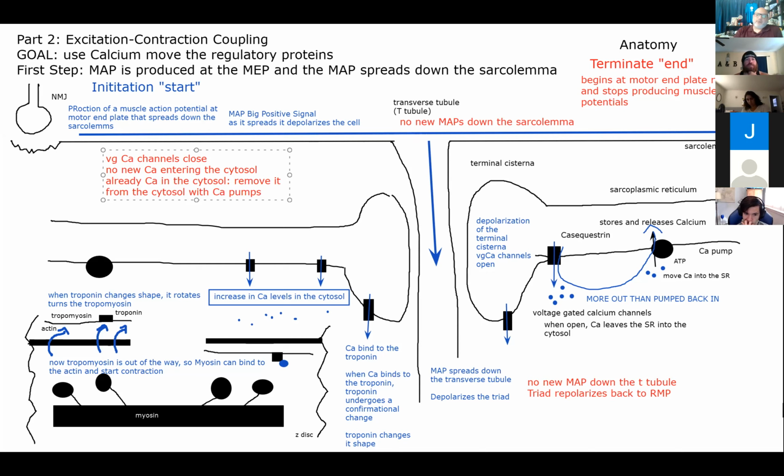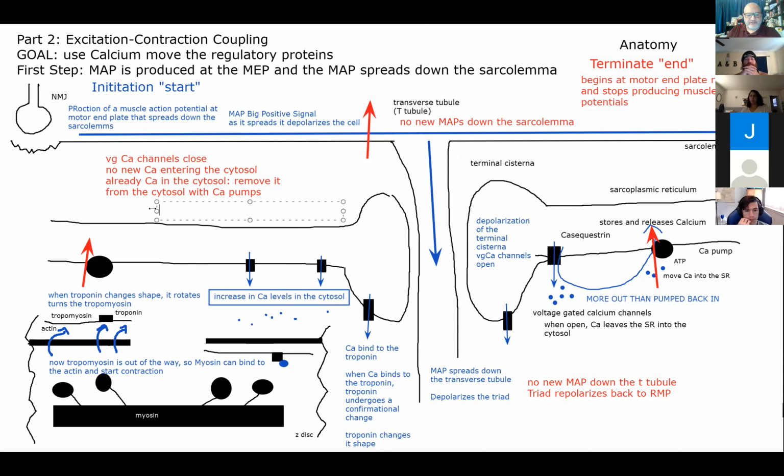Excellent. Pump it back into the sarcoplasmic reticulum. Again, those pumps were working before, but now that there's no new calcium coming out, these pumps can start having an effect. And in fact, some of it will actually be pumped out of the cell as well, because we'll have calcium pumps on the plasma membrane, the sarcolemma as well. But the point is we get rid of the calcium.